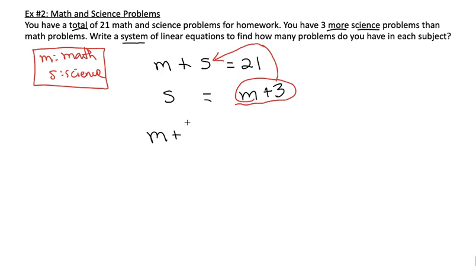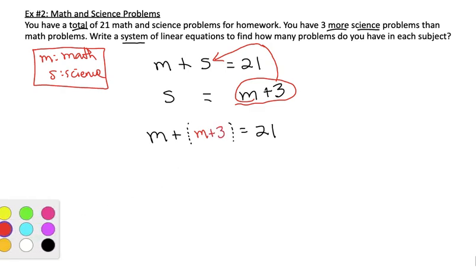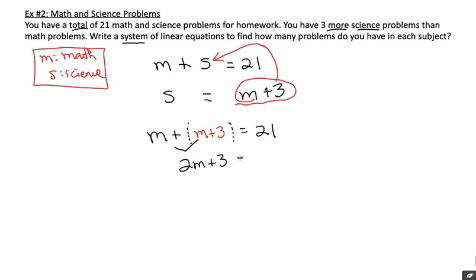So the S, if we think about it, is this group for S equals 21. And in that group, we're going to write m plus 3. So we've got m plus 3 equals 21 as solving for m. So m plus m is 2m. Bring down the plus 3, bring down the equals 21.